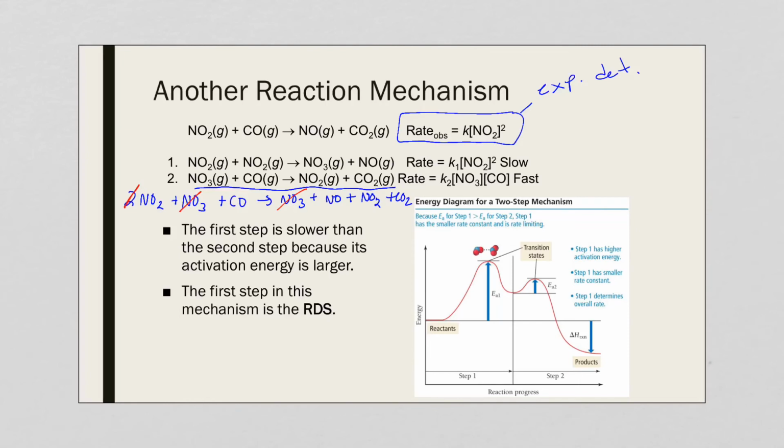We're not going to show the same materials on both sides. So we finished the cancellation, so let's summarize this. We have NO2 plus CO goes to NO plus CO2. And of course we can look up and see if that matches.